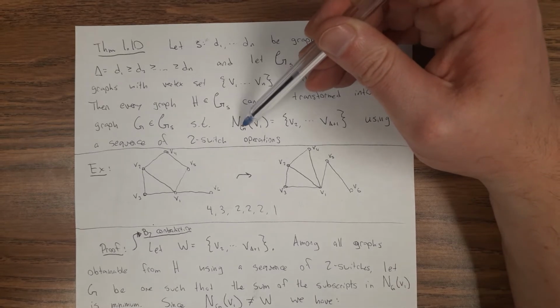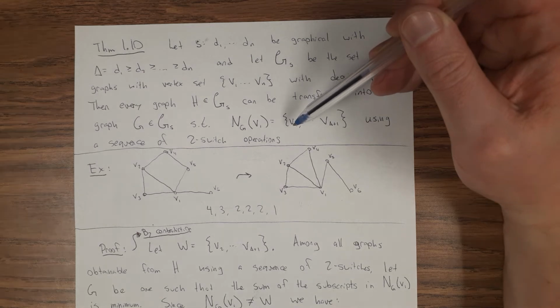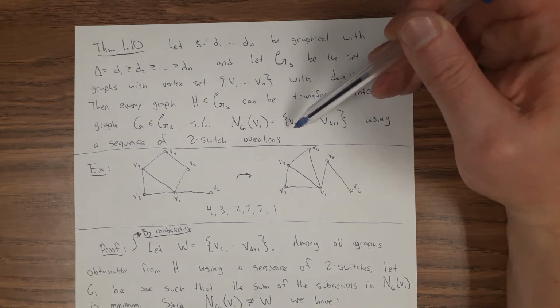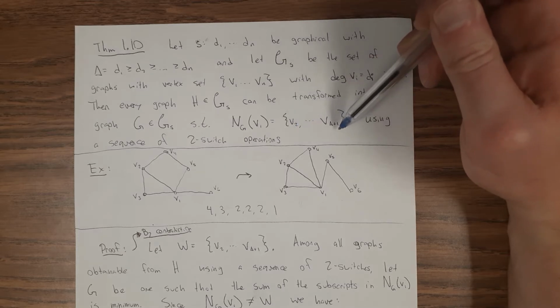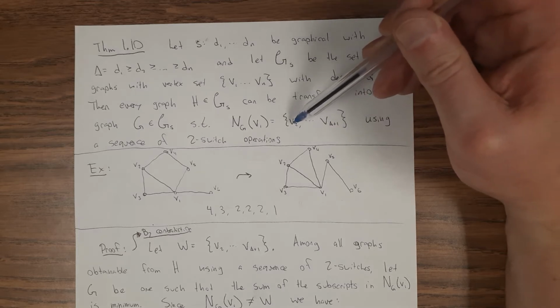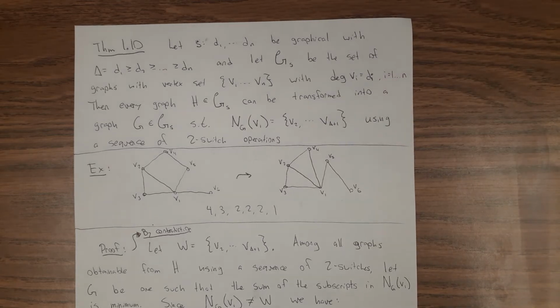And what's special about G is that that neighborhood consists of basically the next delta vertices. So it consists of V2, V3, V4, all the way up to V sub delta plus 1.